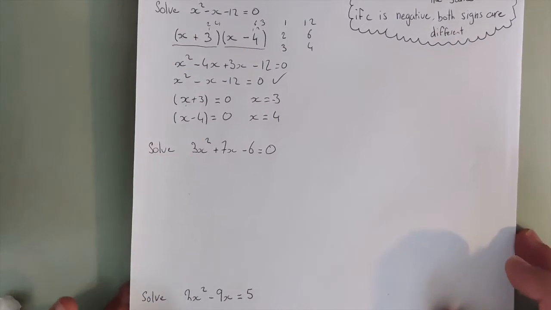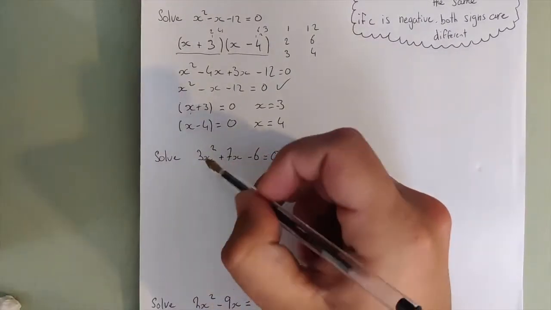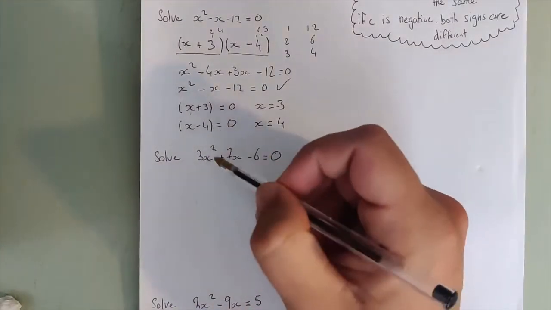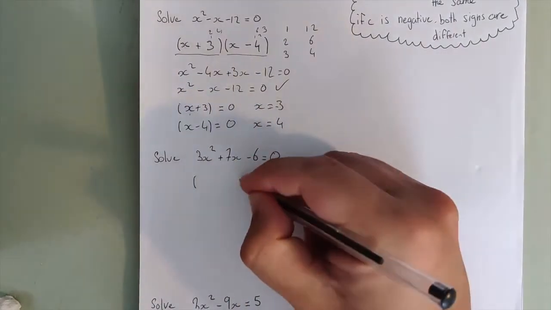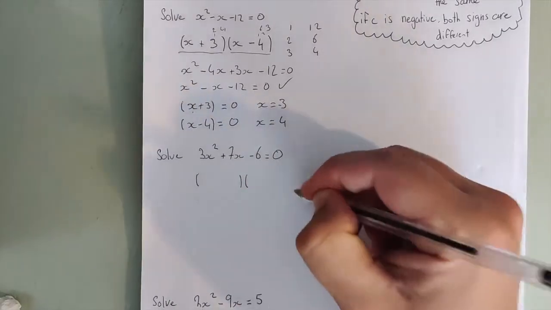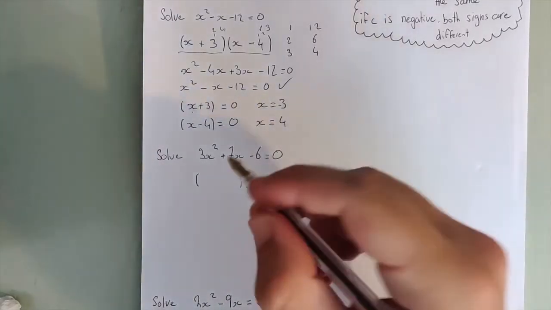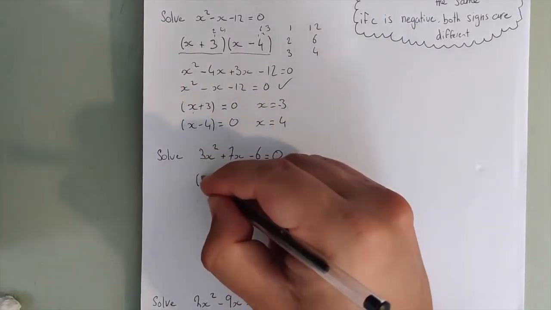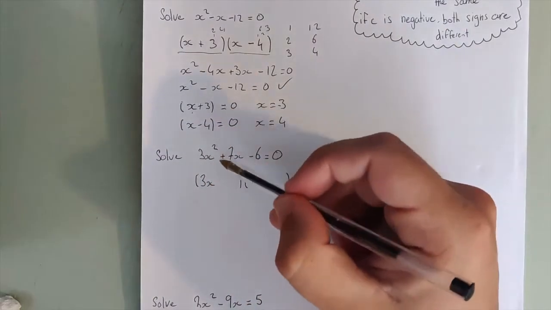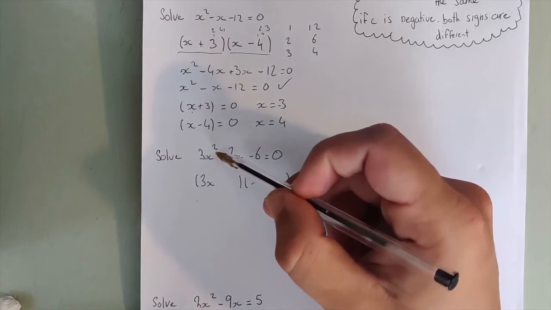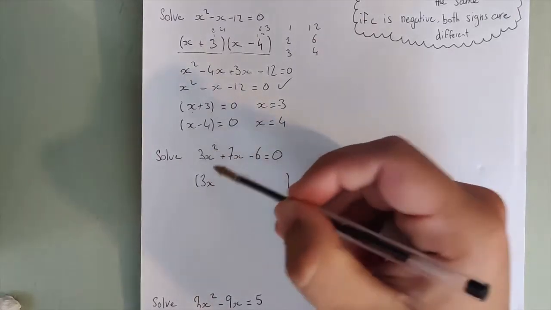This next one is slightly more tricky because we have a 3x squared instead of just a 1. So it's exactly the same thing, just a little bit more complicated. We know that in one bracket we're going to have 3x, and in the other we're going to have x to give us this 3x squared. It's the only possibility.